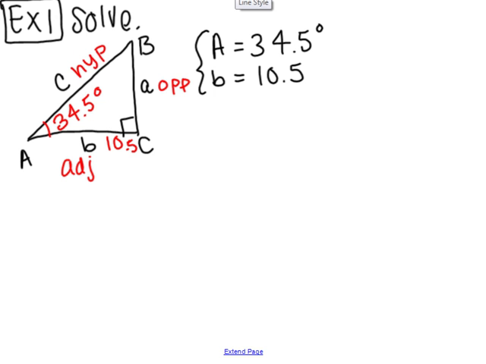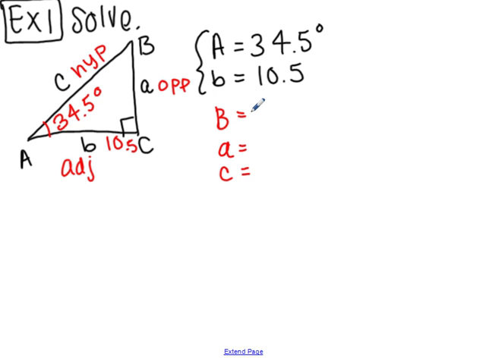Now that I have everything labeled, I'm going to list the things that are missing. I have angle A. I do not have angle B, so I need to find angle B. I don't need to find angle C because it's given that that's the right angle. I need to find lowercase a. I don't need to find lowercase b, it's already been found. I do need to find lowercase c.